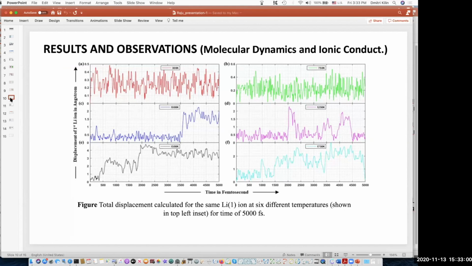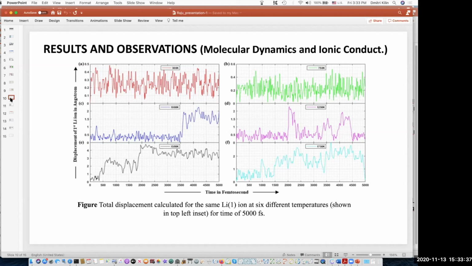Because we took our unit cell as almost 12.98 angstrom, so for each cell the distance is almost 1.3 or something like that. So when we observe the displacement of the lithium atom is more than 1.2 or 1.3 angstrom, then we take it as a displacement, as a movement.